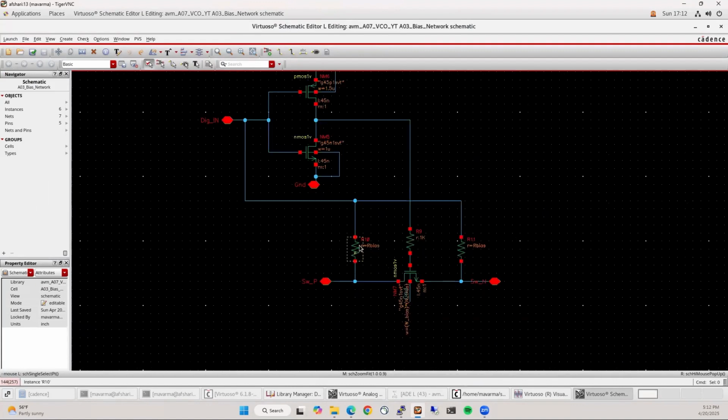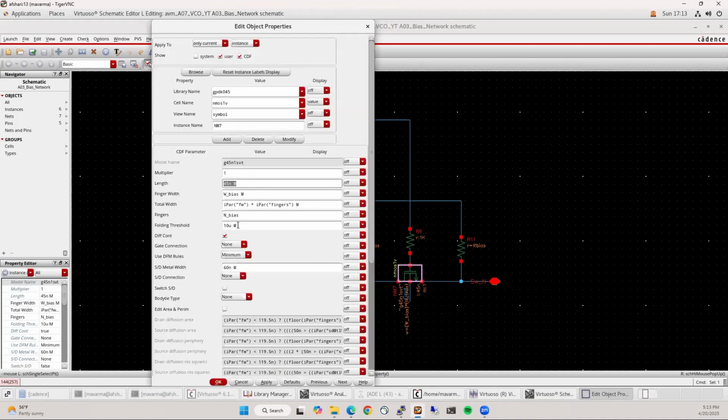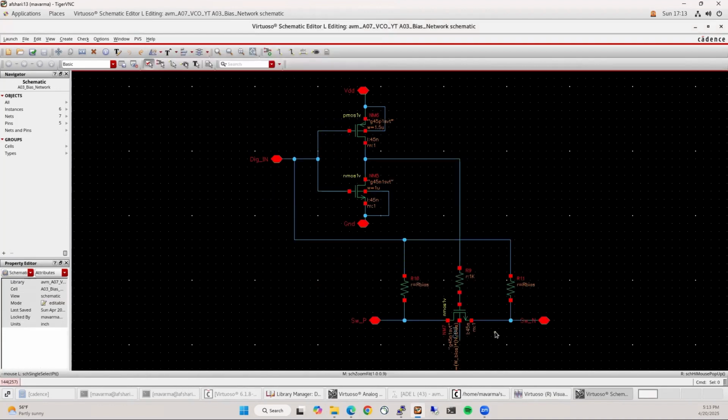Right, and then I have 3 resistors as we drew before, the bias resistors, and then a large 1 kilo ohm resistor. This can be even larger if you like. And then this transistor I labeled as W bias and N bias, right? And we'll set these values in ADE. All right, so I also made a symbol out of this, and if you don't know how to do that, I've already covered that in previous videos, so you should go back and watch those. But if you do know, then that's fairly straightforward.